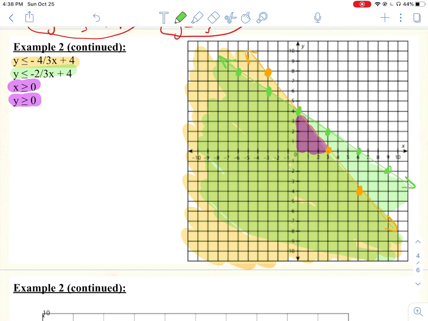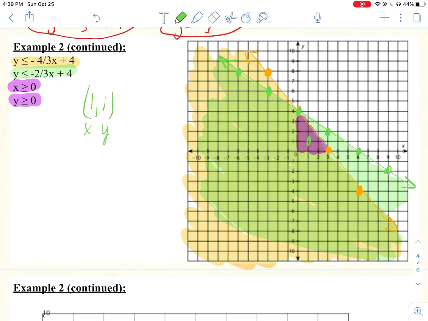So it looks like we're just going to be dealing with what's in our first quadrant here. For example, if I pick the point 1, 1, that's in that region of solutions. This is my x, this is my y, and within that ordered pair, my x value is greater than or equal to 0, and my y value is greater than or equal to 0.